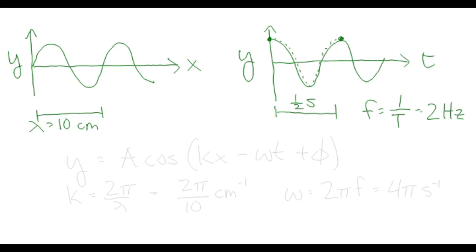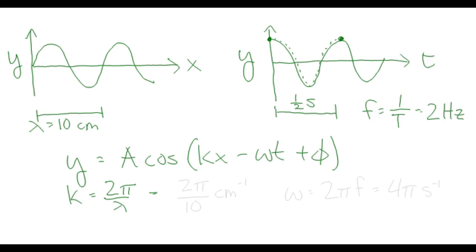Okay, so that means that we can write the equation for the wave. So we know that y is equal to a sine or cosine. I like cosine, but it doesn't really matter, of kx minus omega t plus phi, where k is 2 pi over lambda.